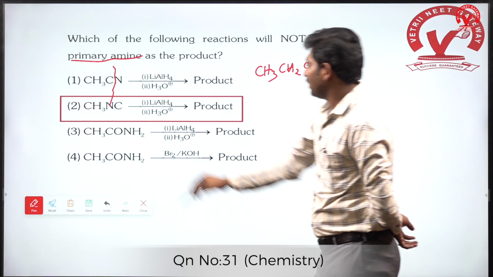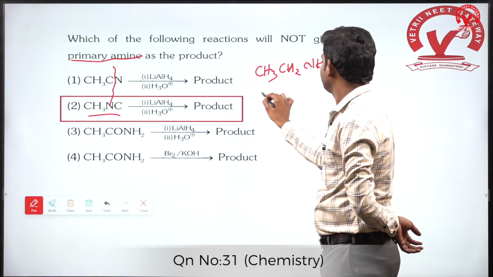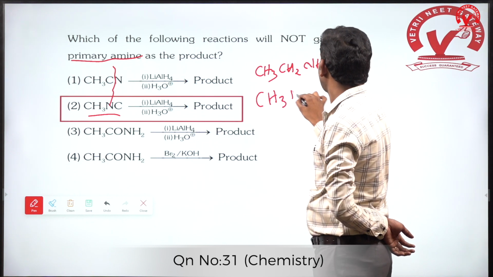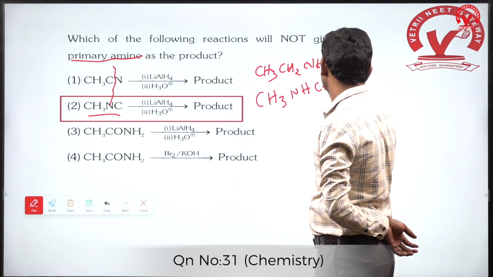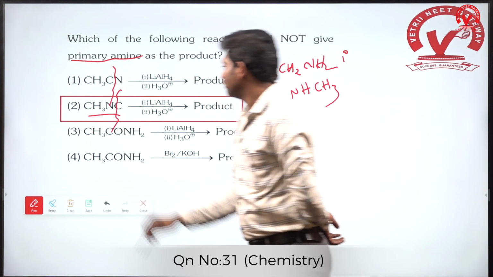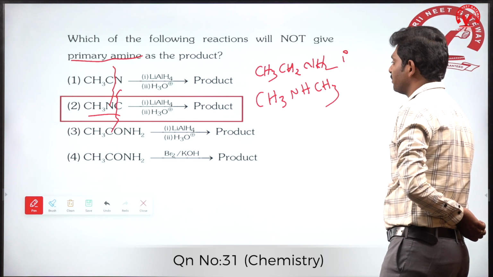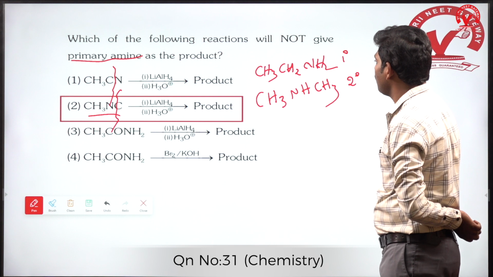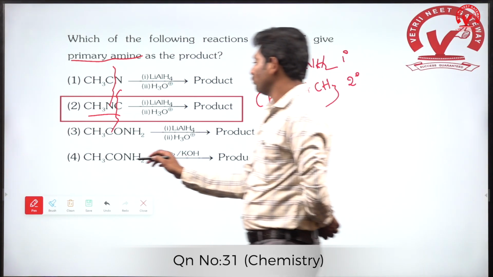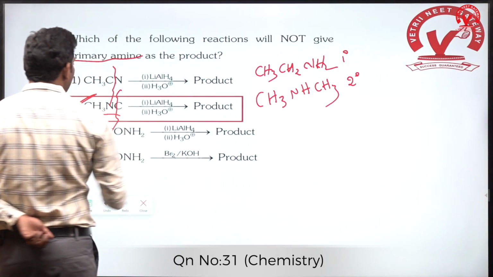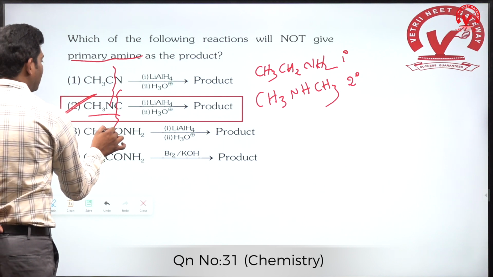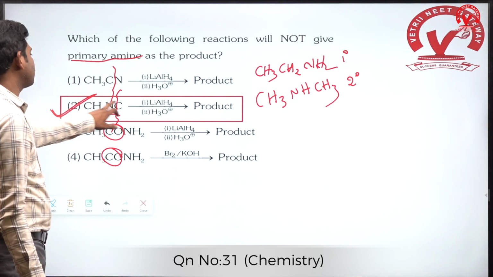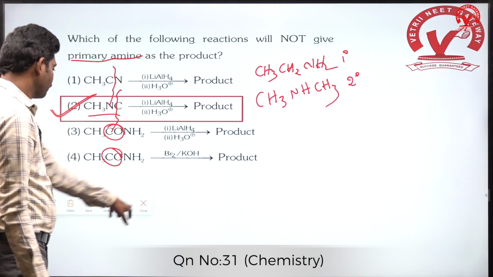The second one, isocyanate, gives CH3NHCH3, so it is the secondary amine. So option 2 is correct. Amides also give primary amines. Only isocyanate will give the secondary amine.